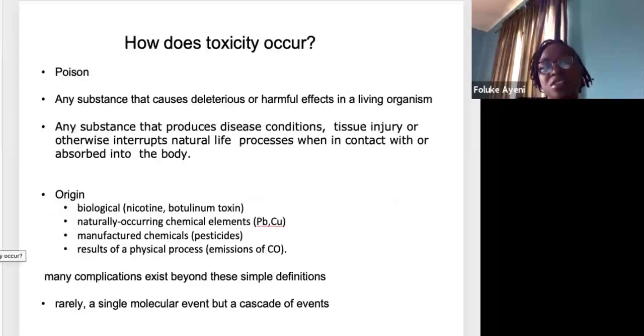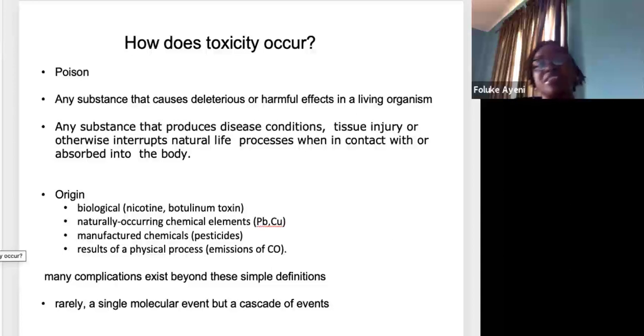Now, how does toxicity occur? I've already mentioned that there has to be something that is causing it. In most cases, this can be a poison or a toxin. Usually, we refer to causes of toxicity as a poison. And a poison can be said to be any substance that causes adverse, harmful, or deleterious effects in an organism.